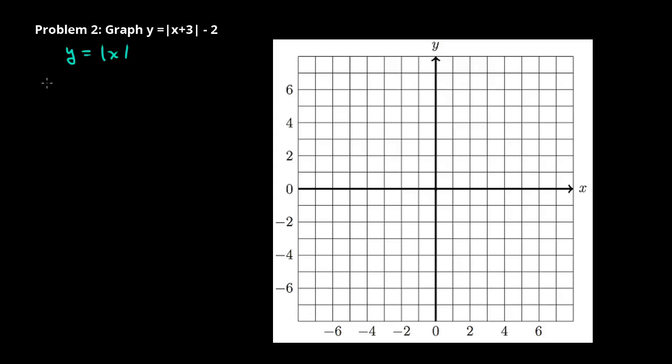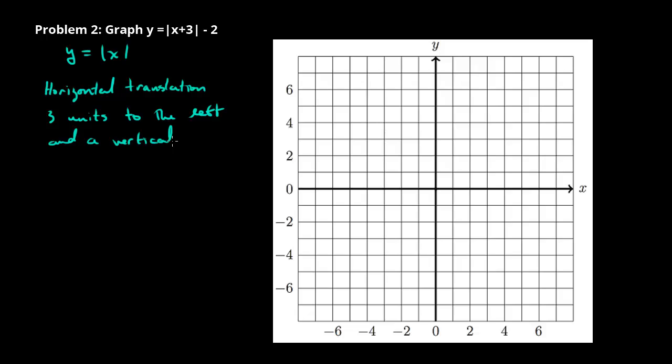So this is a horizontal translation 3 units to the left, and a vertical translation 2 units downward. So those are the different transformations that we've got here.